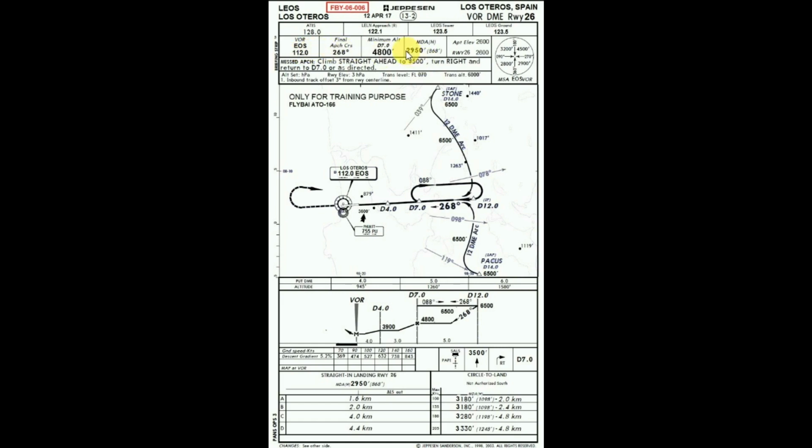Minimums at DME 7, which is our final approach fix, 4,800 feet. Our minimums for the approach 2,950. Airport elevation and airport runway are 2,600 feet. We come in from somewhere else here, so more or less our MCA based on Echo Oscar Sierra will be 4,500 feet, and our minimum holding altitude is 6,500 feet.